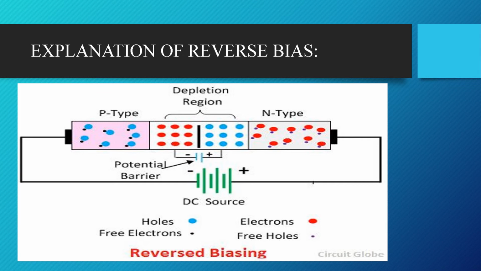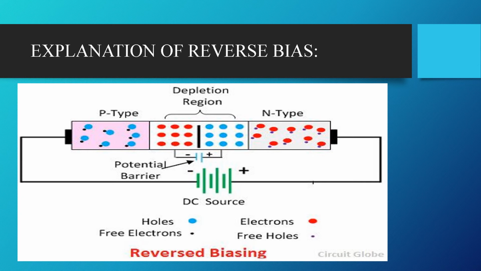At this condition, due to electrostatic attraction of the negative potential of the source, the holes in the p-type region will be shifted more away from the junction, leaving more uncovered negative ions at the junction. In the same way, the free electrons in the n-type region will be shifted more away from the junction towards the positive terminal of the voltage source, leaving more uncovered positive ions in the junction.